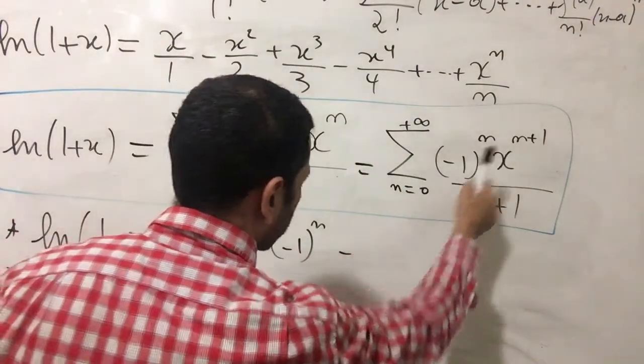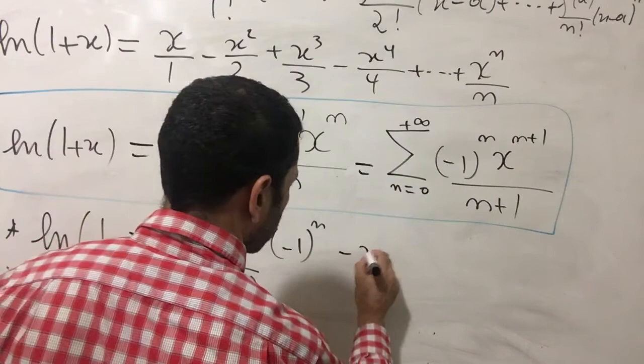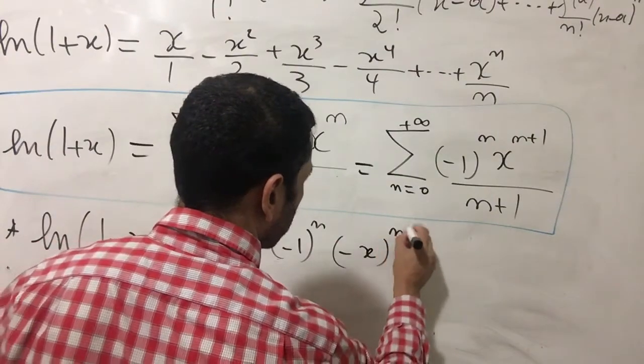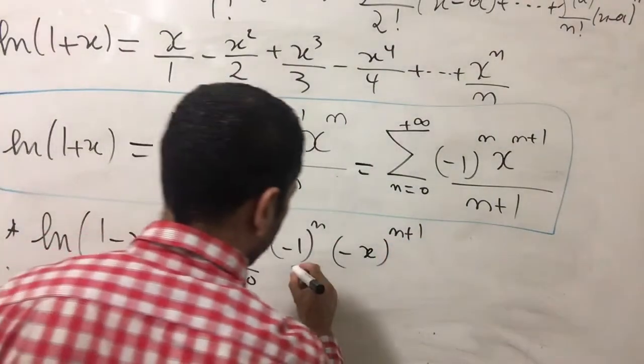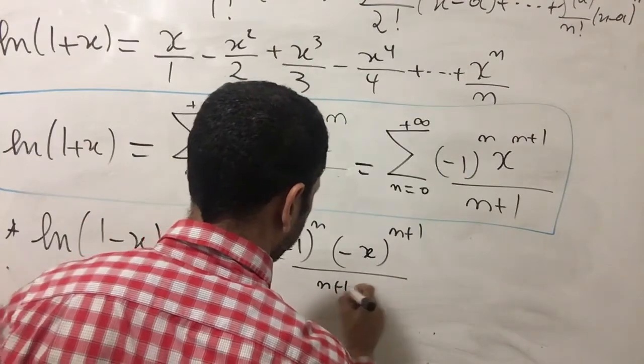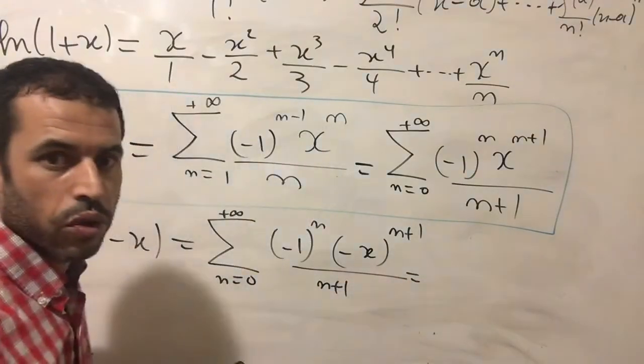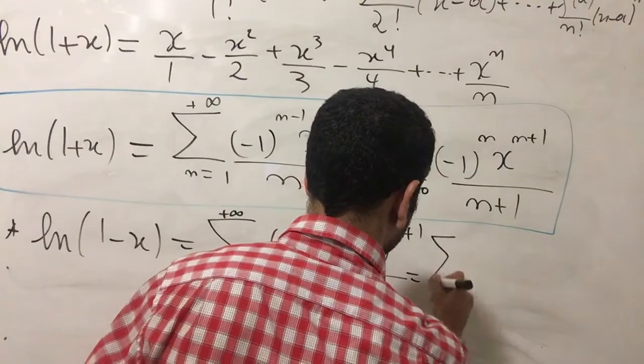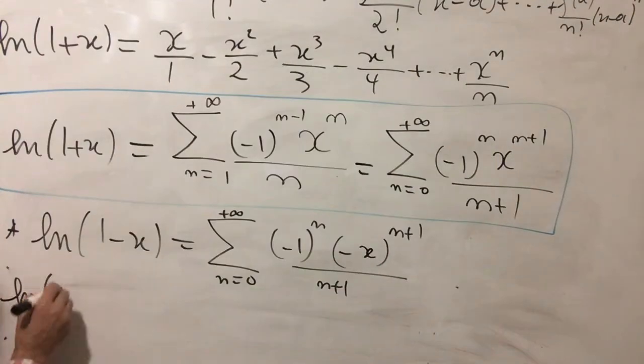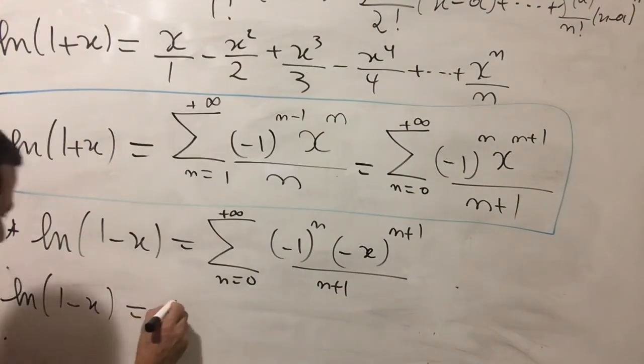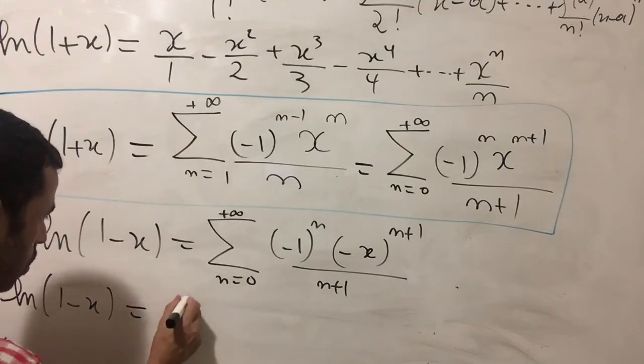I'm going to plug minus x inside this one, so we will have minus x to the n plus 1 over n plus 1.